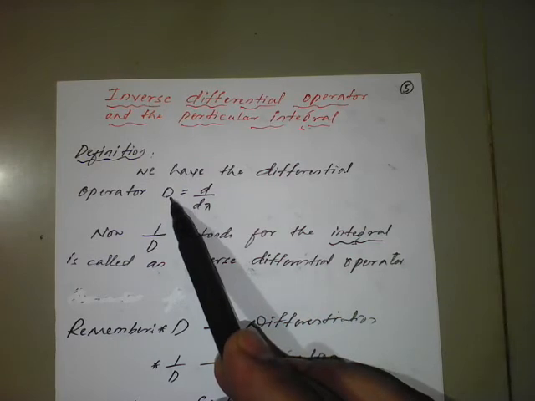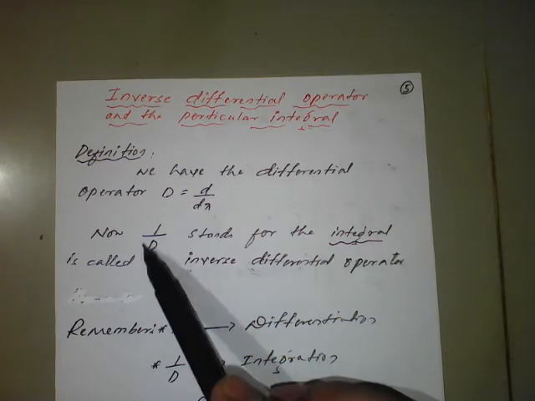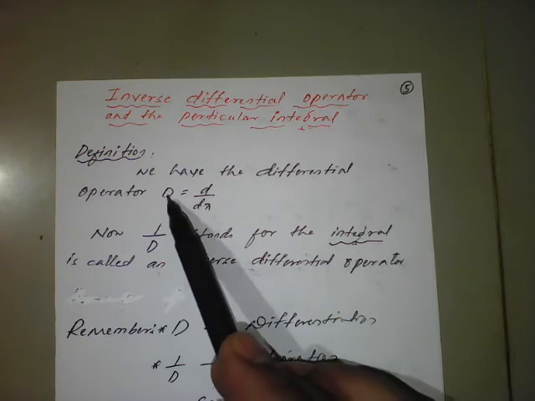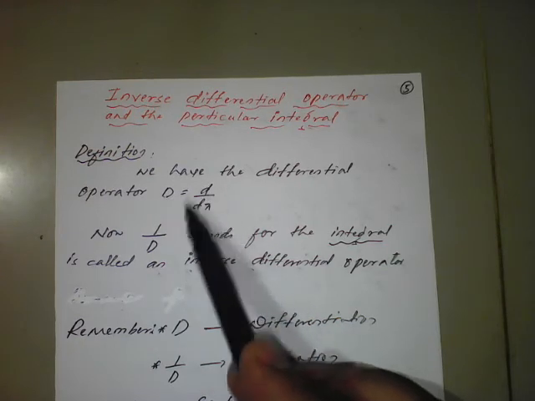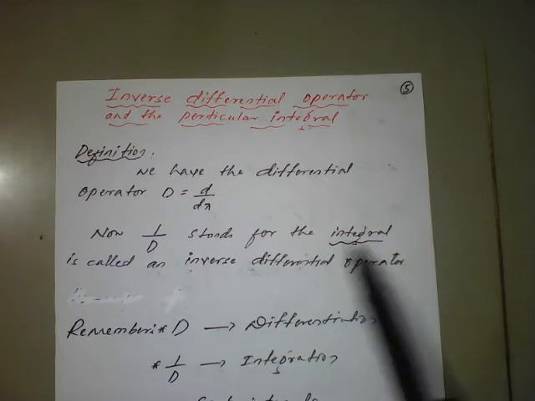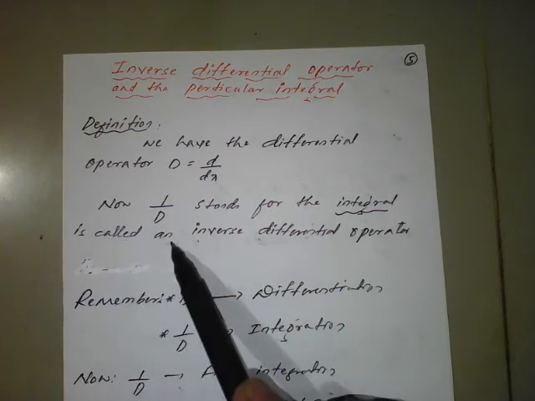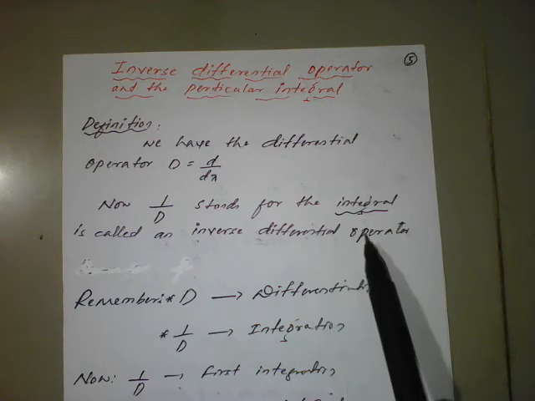So 1 upon D is called the inverse differential operator. The differential operator is a differentiation, and the inverse differential operator is an integral. Therefore 1 upon D stands for the integral and is called the inverse differential operator.